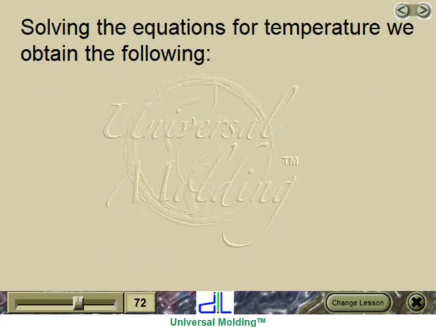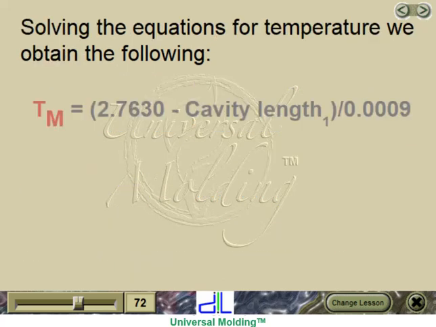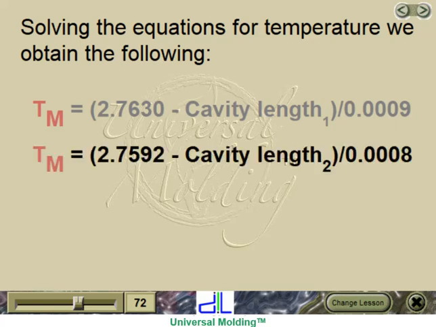Solving the equations for temperature, we obtain the following. T sub m equals 2.7630 minus the first cavity length, all divided by 0.0009. T sub m equals 2.7592 minus the second cavity length, all divided by 0.0008.